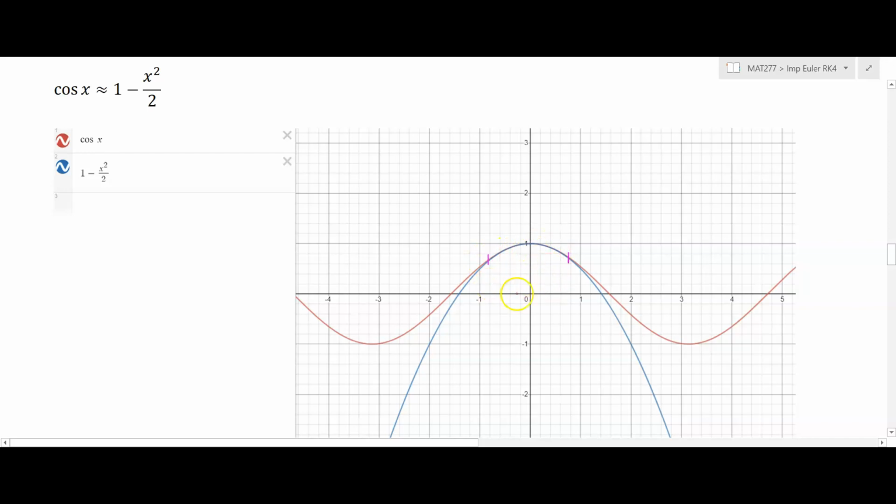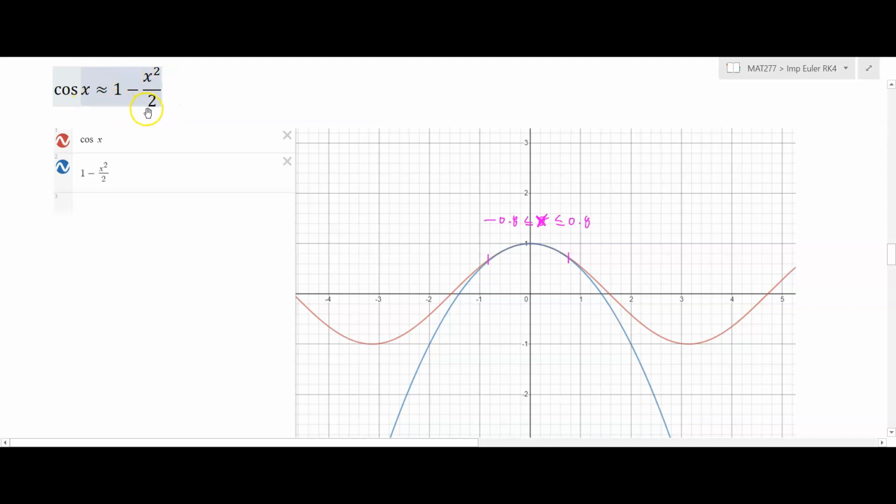So as long as your x is between, I don't know, negative 0.8 and 0.8, the blue function does a really, really good job of approximating the values on the red curve. But it's a much easier function to work with. So if you know you're going to be working with small angles, then you could replace the function cosine x with 1 minus x squared over 2.